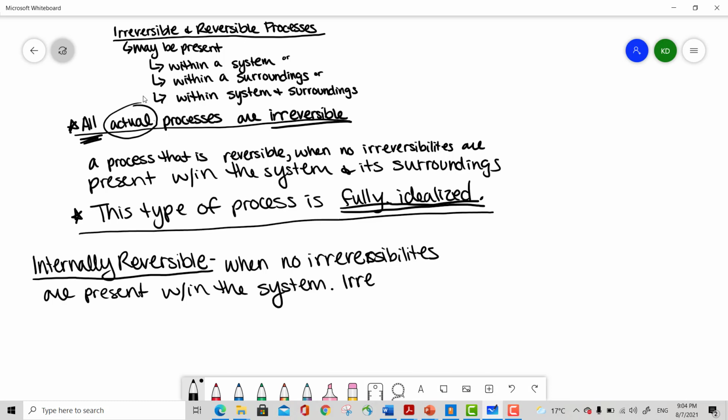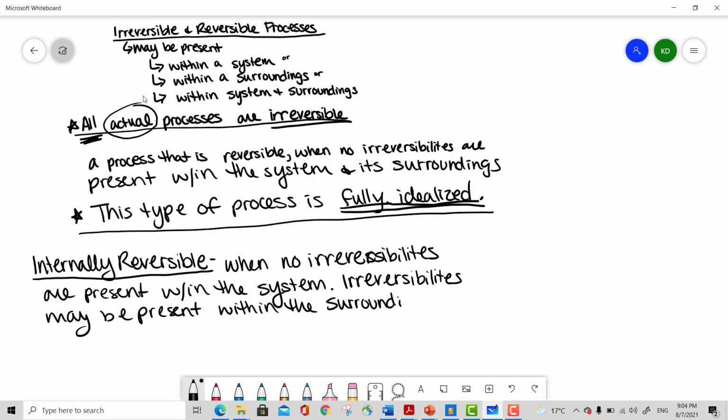And irreversibilities may be present within the surrounding. However, we know that we're not going to get everything to be reversible.